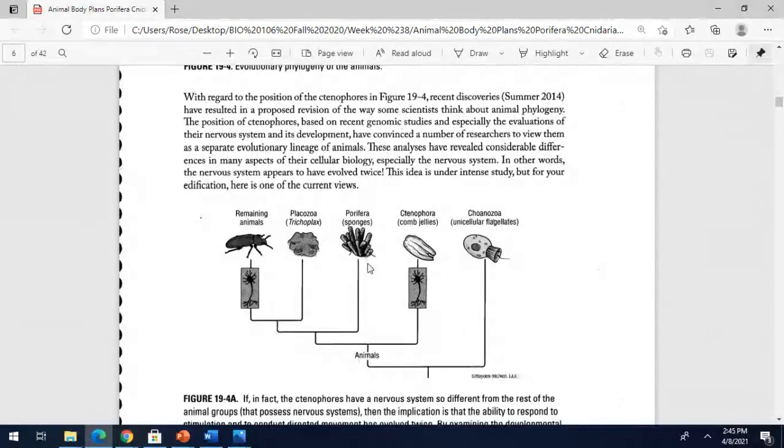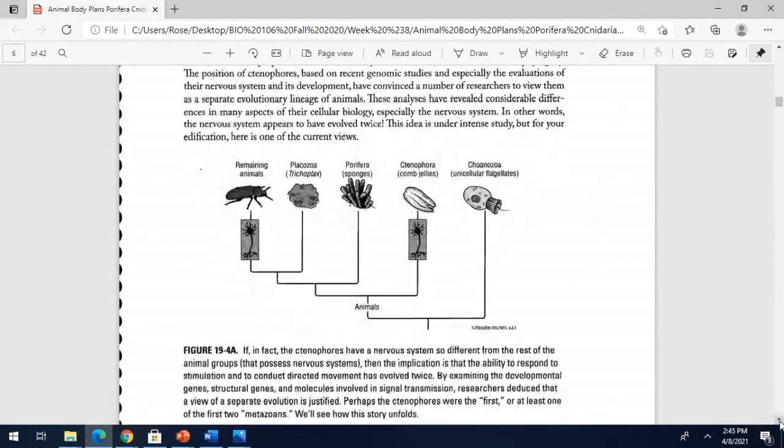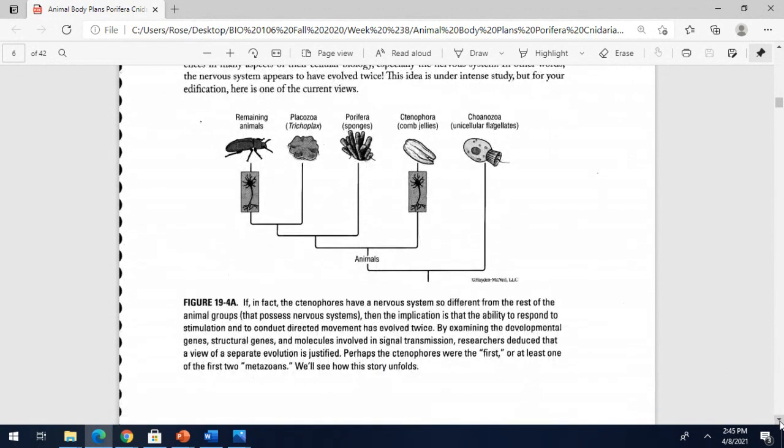So this is a write-up in the second edition of our lab book, and the third. Since I have the first edition, this was not published in there. So this is another phylogenetic view of our animals and their relationships.